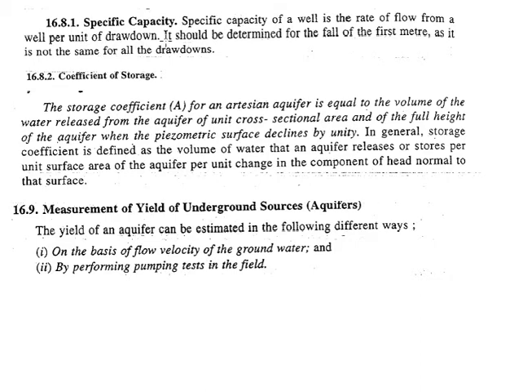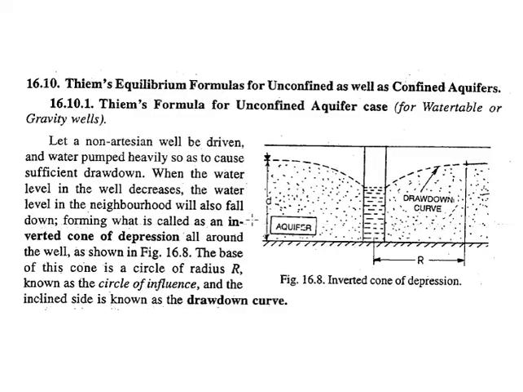The next important thing is what basically drawdown is. Let us understand drawdown by one figure so that you can better understand it. Let us suppose that we have an aquifer over here and we have dug a well, and this is the water table.